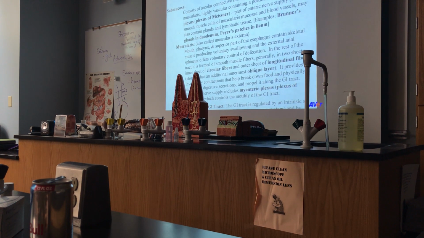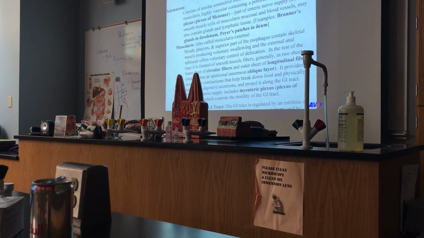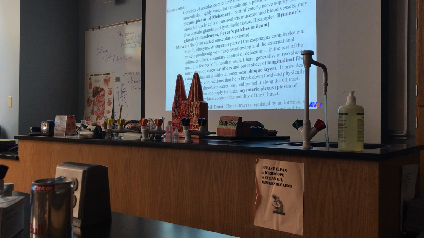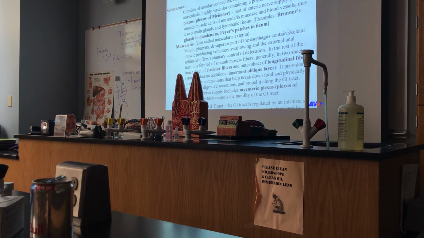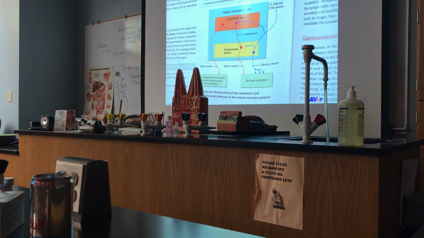Let us look at the innervation of the GI tract, and that will be done by the enteric nervous system. And you have a nice diagram in your book, and that is 24.4. Look at this.